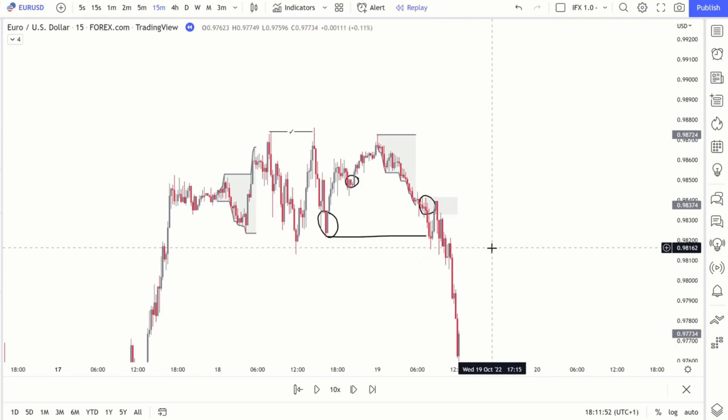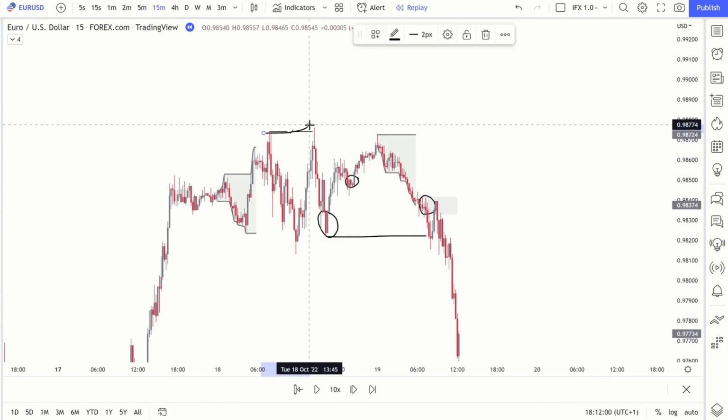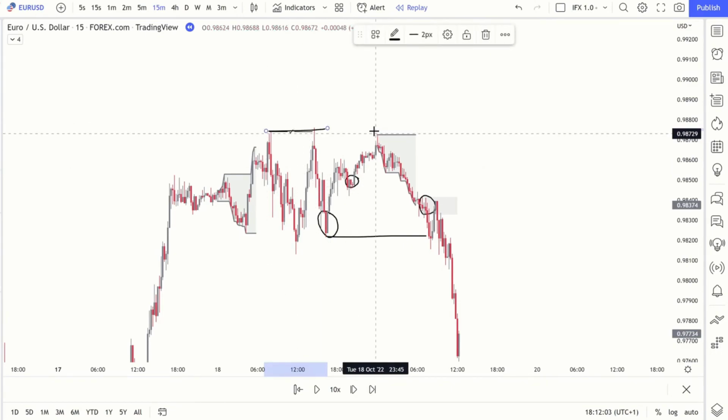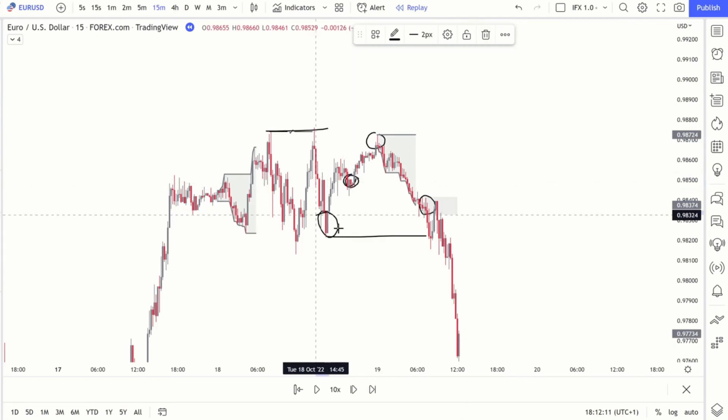But like I say, forget about entries, just understand that after you see this sweep, it does not mean you have to straight away get in here. If you miss that, understand who's still in control. In this case, this demand continues to fail.